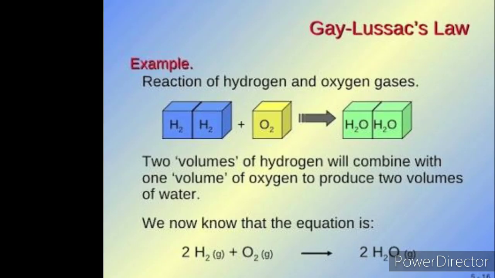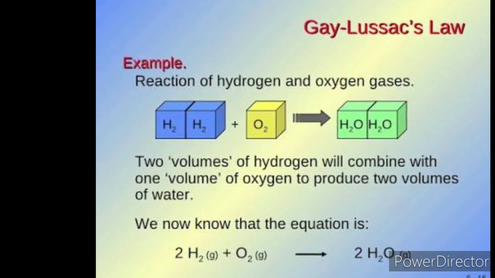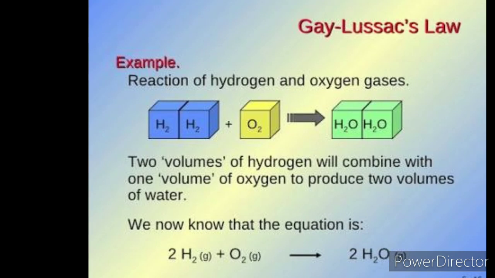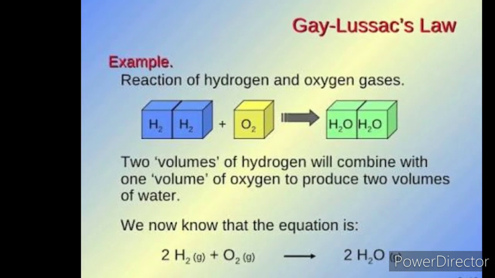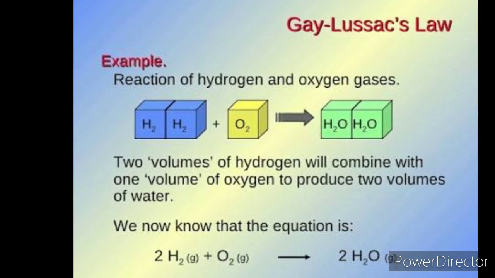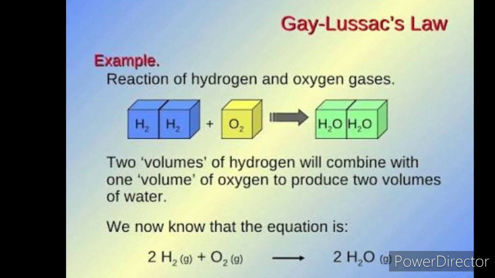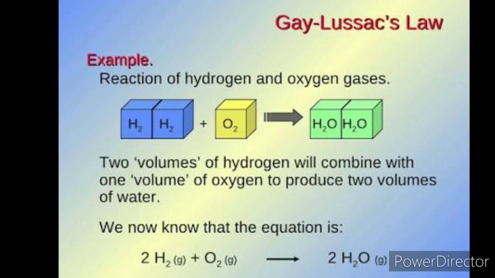Now, the next law is Gay-Lussac's law. This law states that whenever two or more than two gases combine to form a product, then they will do so in terms of volume also, provided the pressure and the temperature remain constant.